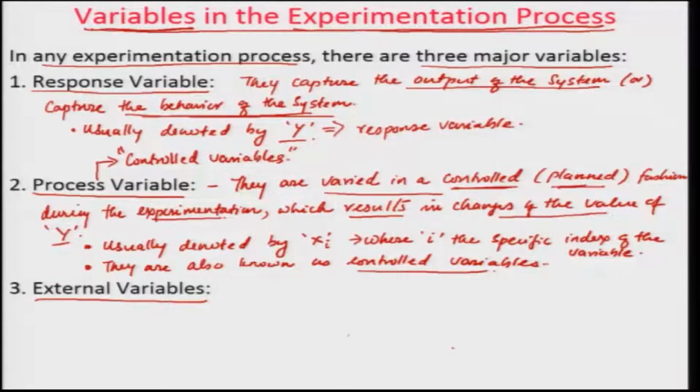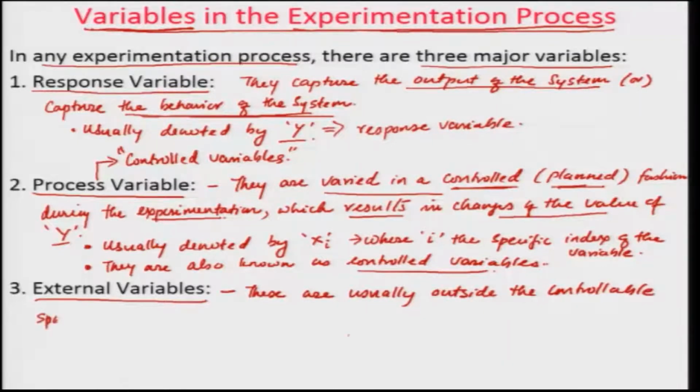All right. Then comes the last category of variable, called the external variables. These are usually outside the controllable space of the experiment.